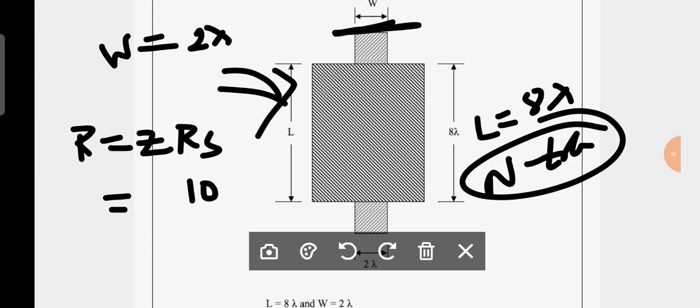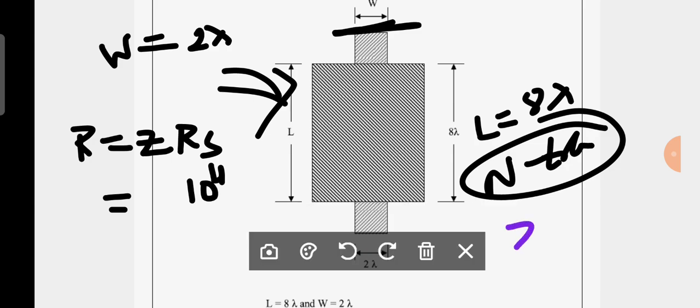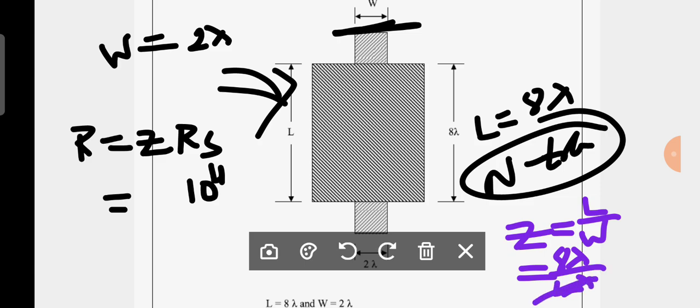Absolutely 10 to the power of 4 ohm per square. What is Z, guys? Z is equal to L divided by W. L is 8 lambda, divided by W, 2 lambda. Then 2 fours are 8, divided by 1. That means Z is equal to 4.